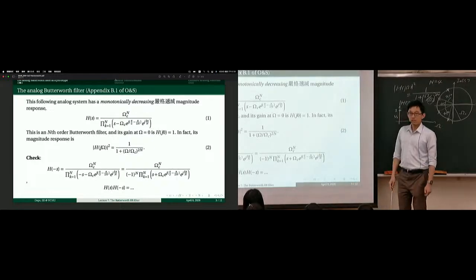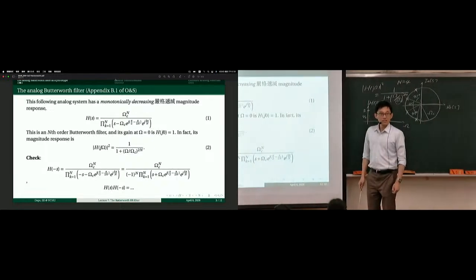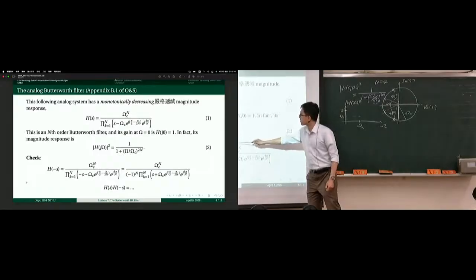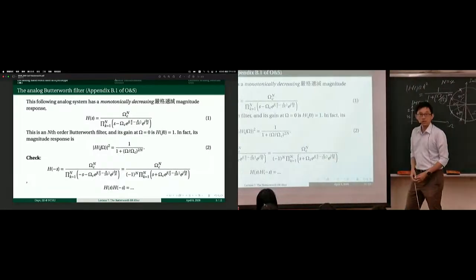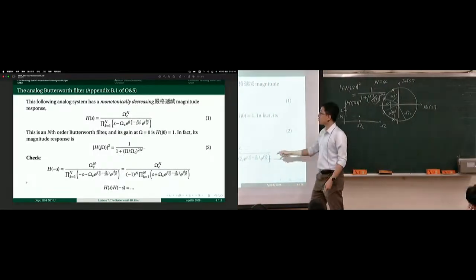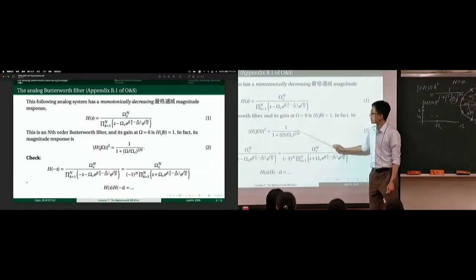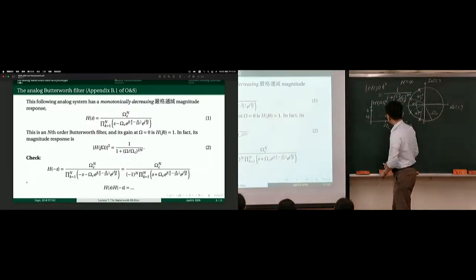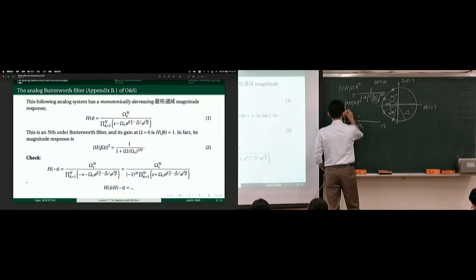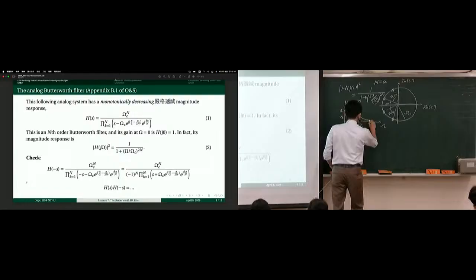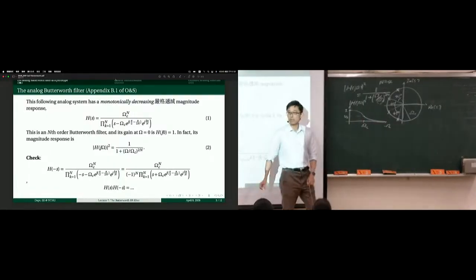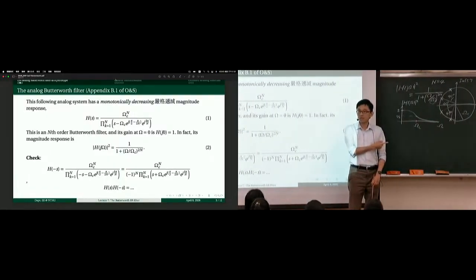Obviously, when omega increases, the gain decreases. And how about if omega approaches infinity? Of course, the gain approaches 0. So it's really a prototype which has a very nice, monotonically decreasing low-pass response. That's the sketch we're going to make.